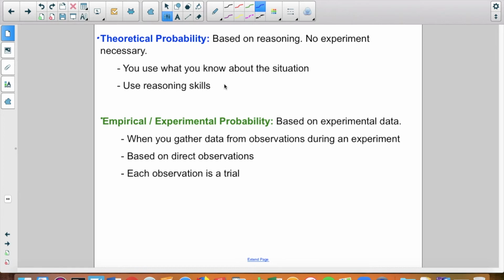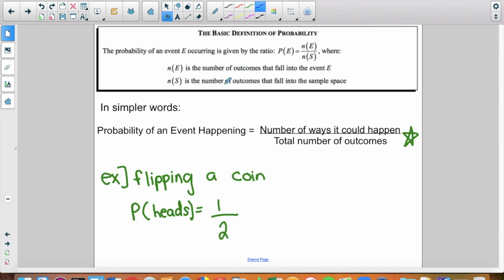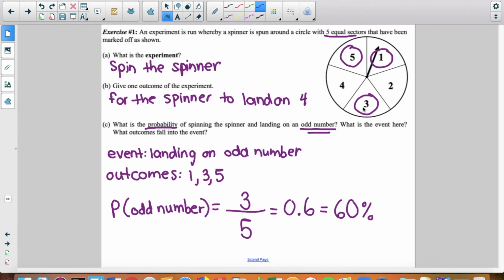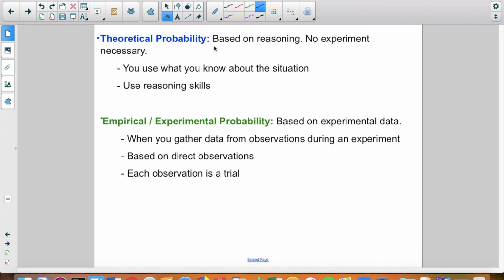When I did the example before, I'm going to turn back, when I did this here, I didn't actually flip the coin to figure this out. I just used my reasoning skills. Also, for this example here, we didn't actually spin the spinner to find this probability. We just used reasoning skills. So that's what theoretical probability is.